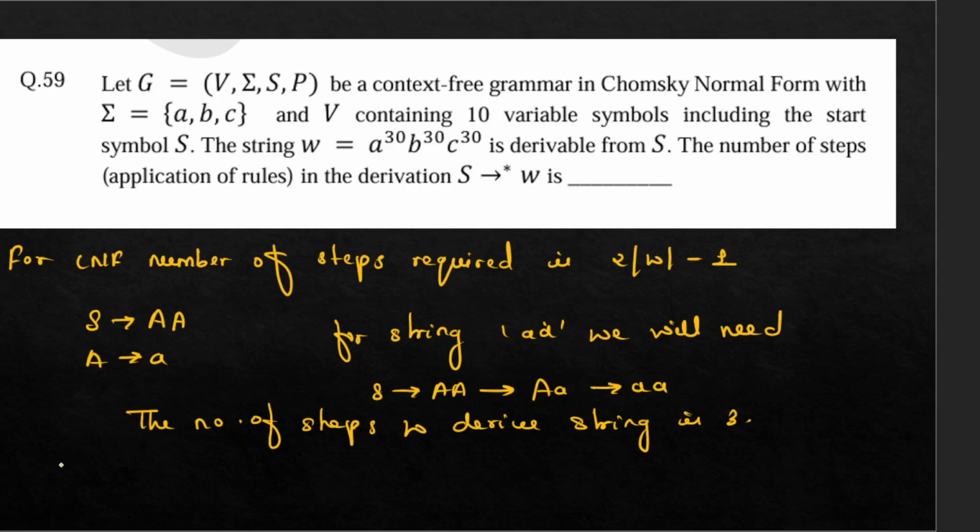And now here how many steps are there? In our question, the string length is 90. The total derivation will be of 90. So if we put that into the formula, it will be 2 into 90 minus 1, and this will be 179.